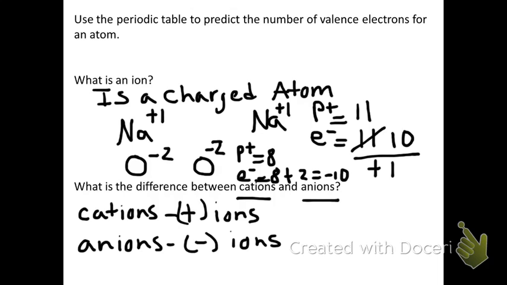One way to remember that cations are positively charged is because it has the word cat in it, and cats have paws. So therefore, cations are positively charged. Anions, they have the word an for like anti or negative. So anions are negatively charged atoms.